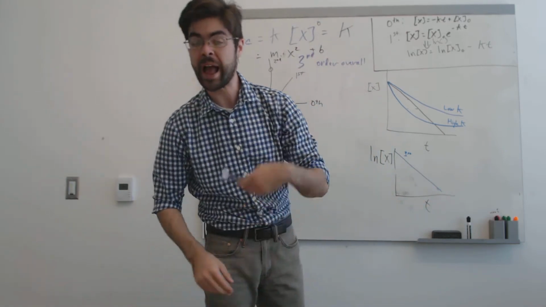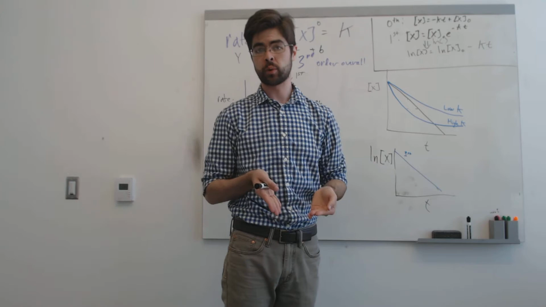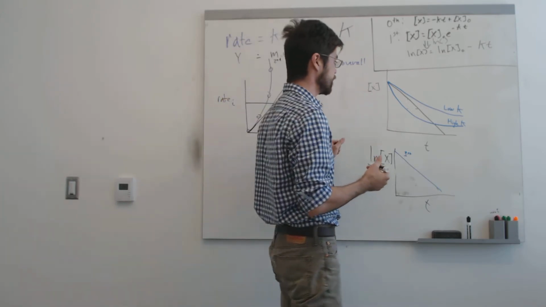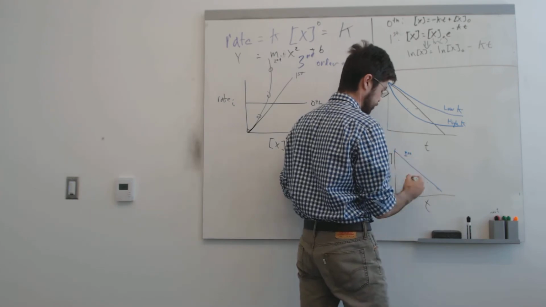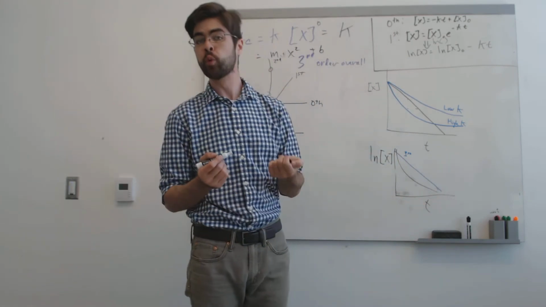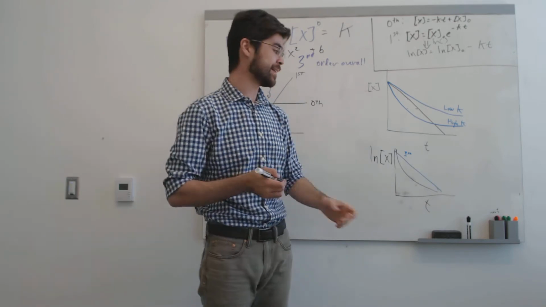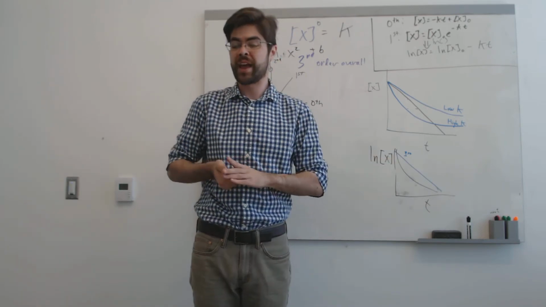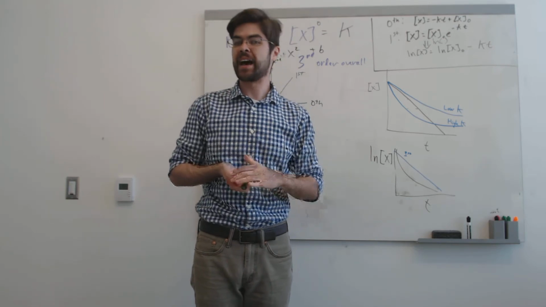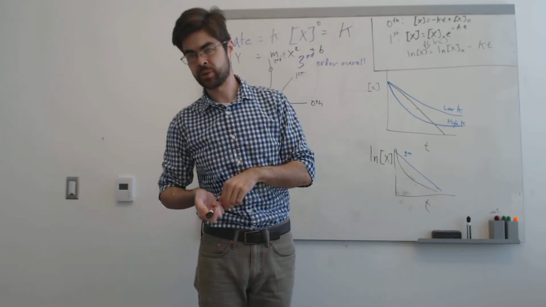If the reaction were actually a zeroth order reaction and you try plotting that, you'll get something that has some curvature to it. You'll have something that looks like that, basically. And that wouldn't be a straight line. Again, that implies that the reaction is not first order. It's either zeroth order or second order.